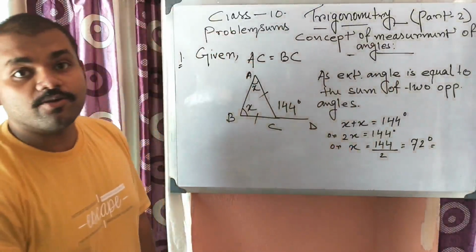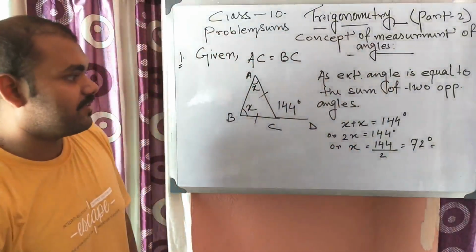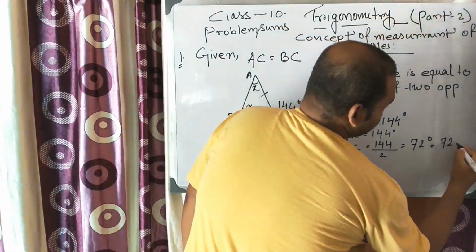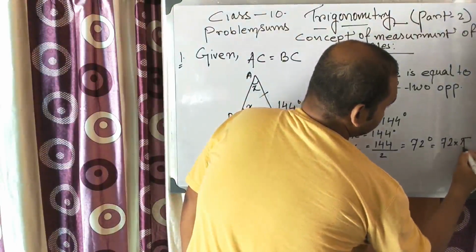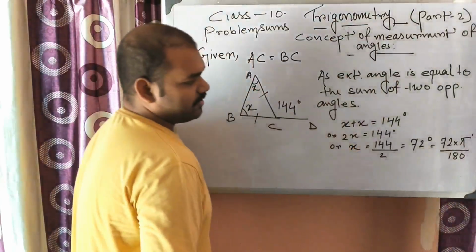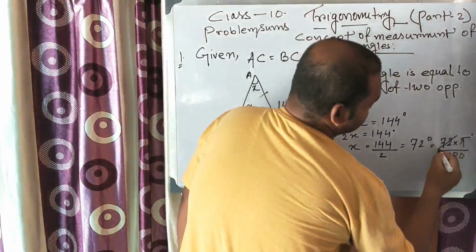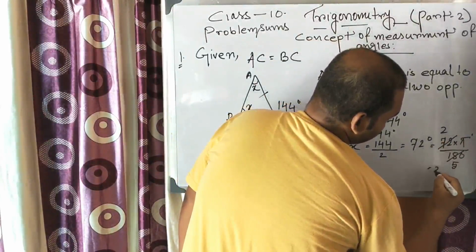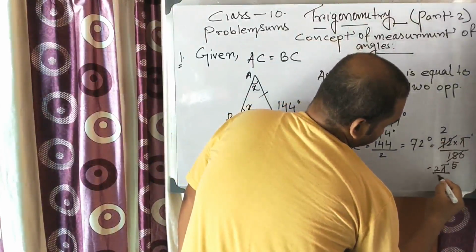We need to find the value in circular measure. So the value will be 72 into pi by 180 radian, so it will be 2 pi by 5.